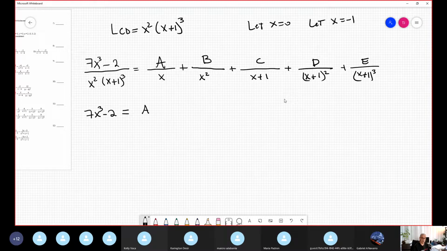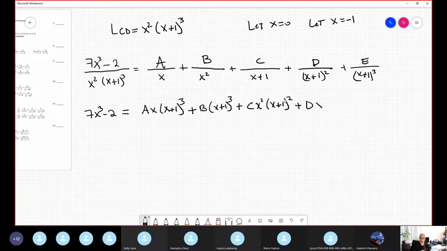We have A x, only 1, x plus 1 cubed, plus B, no x, because it's cancelled, x plus 1 cubed, plus C x squared, x plus 1 squared, because cubed cancels out with the 1, 3 minus 1 is 2, plus D x squared again, x plus 1 to the first power, because 3 minus 2 is 1, plus E x squared.